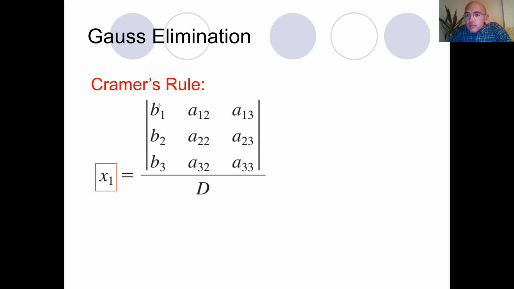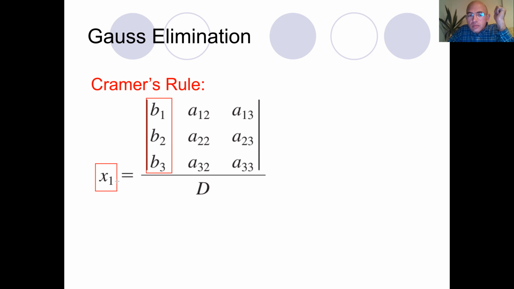I know that in the original matrix, the elements in the first column are the coefficients of the x1. So what I do is I replace all the coefficients in the column.